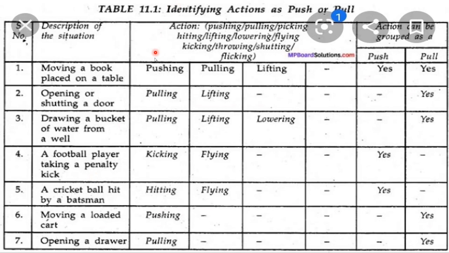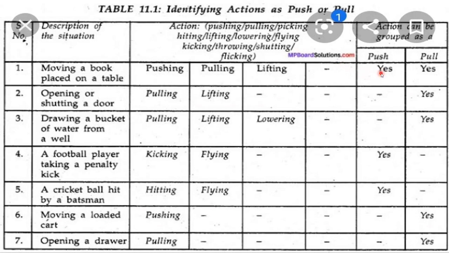Now, here we have certain situations and we have to identify whether these are push or pull. First example, moving a book placed on a table. So either you can push the book, or you can pull it, or you can lift the book. Here what action is it indicating?